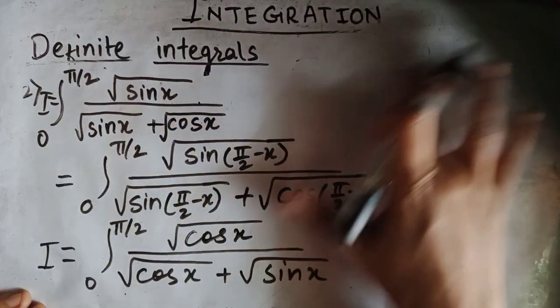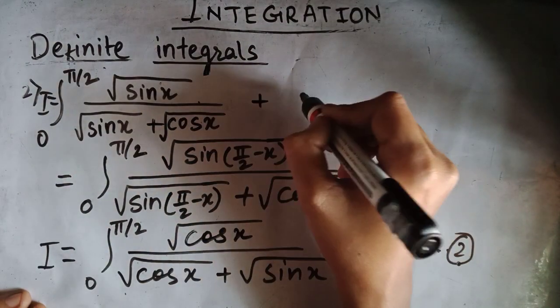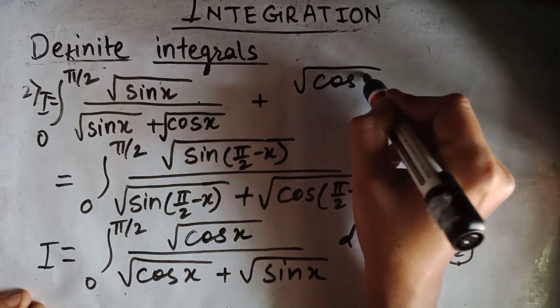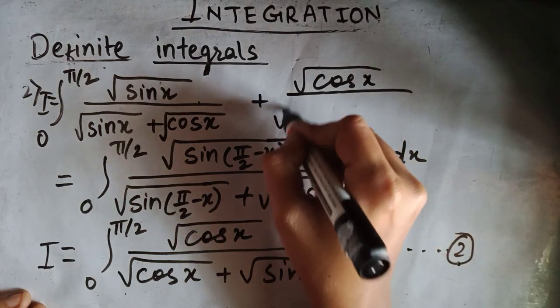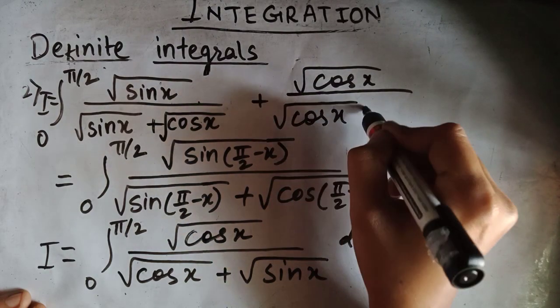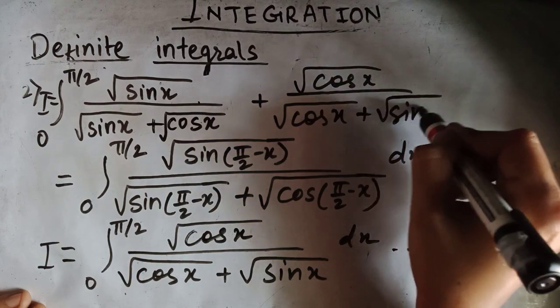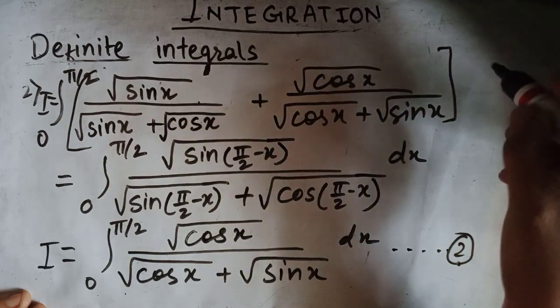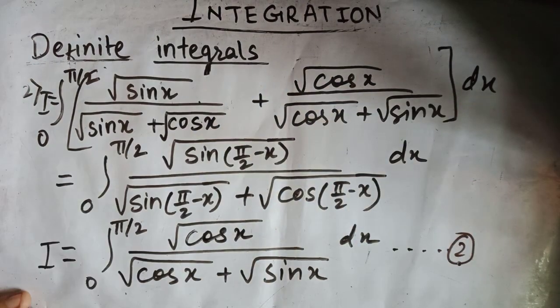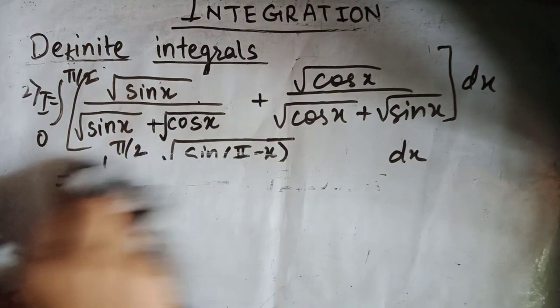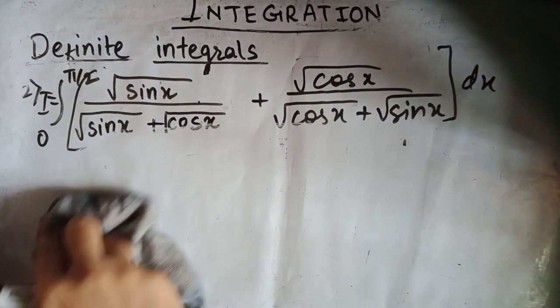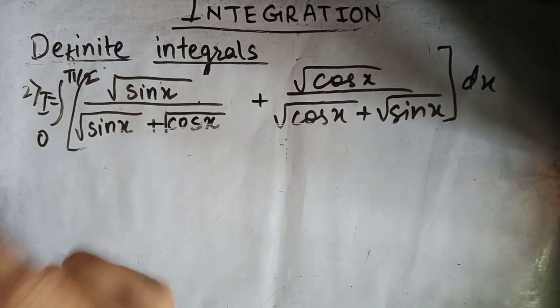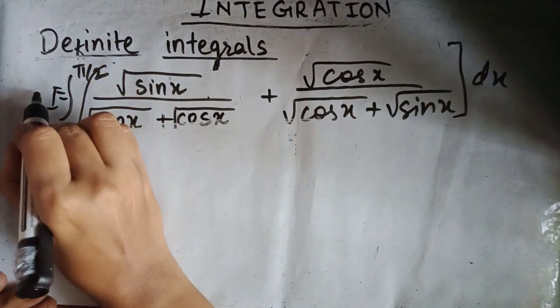I will write plus root of cos x upon root of cos x plus root of sin x dx, and the left hand side will be 2I.